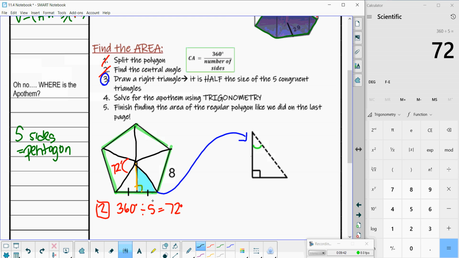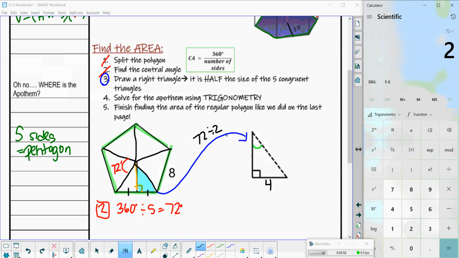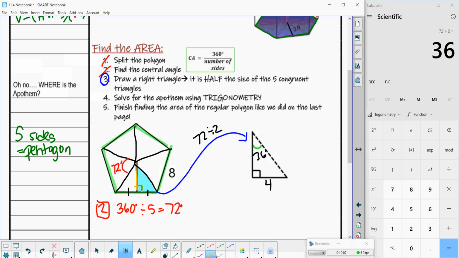So that means our side length here is 4. And then we have a full central angle of 72. I need to split 72 in half, so 72 divided by 2, to get the half measurement of that angle. And so that's going to be 36 here. And so now we can solve for our apothem. So step 3 is done.